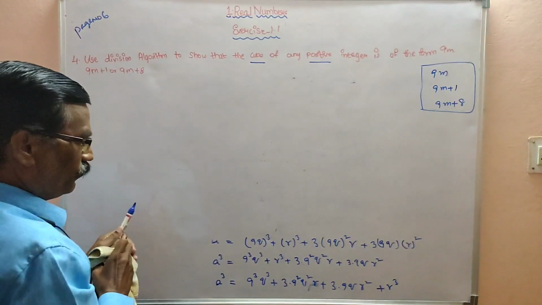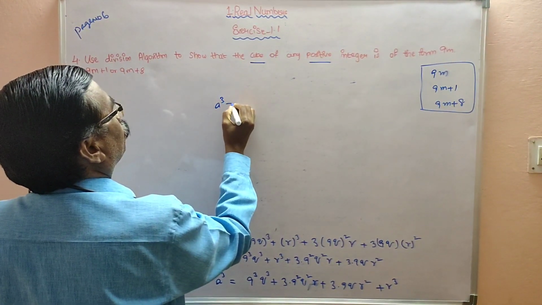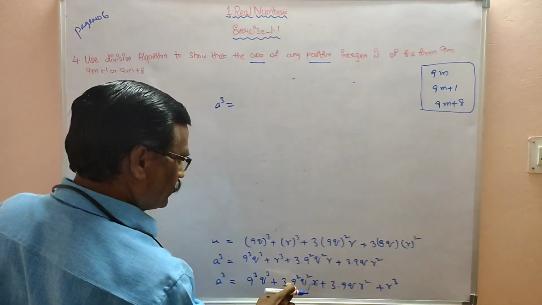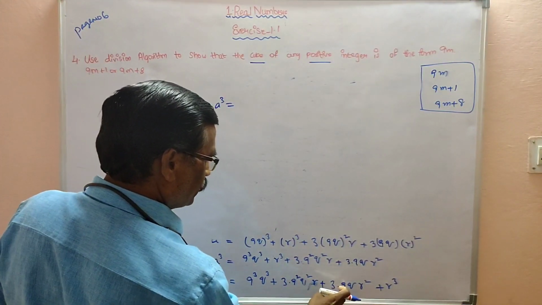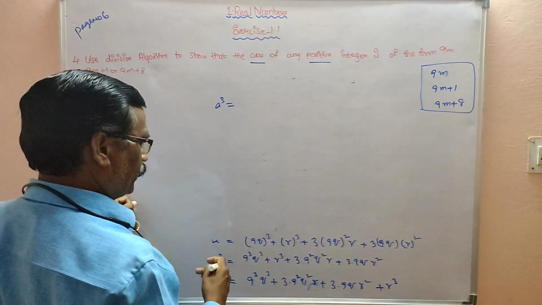After this, what will come? Here a cube equals, here 9 is there, here 9 is there, and here 9 is there, so I am taking 9 outside as common.